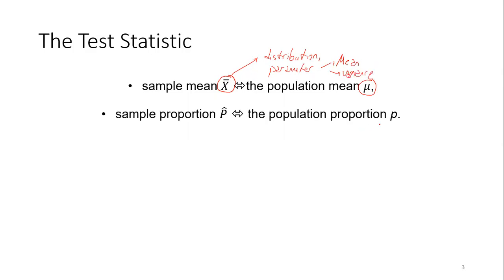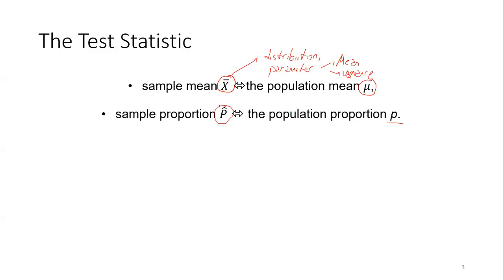Now we have a population proportion P. For example, the proportion of students in a university who favor Cafe Nero. It's very hard to calculate the population proportion, so we take a sample, and just like we calculate X bar, we calculate P hat.